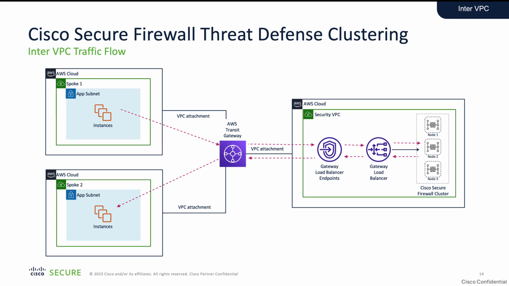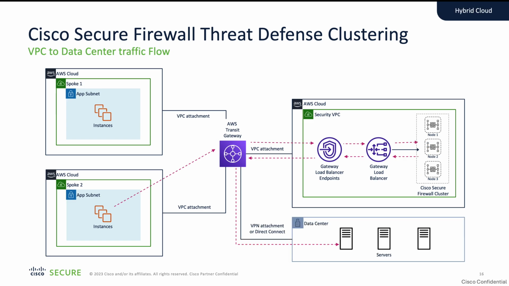After inspection, traffic returns through the same path: gateway load balancer endpoint, transit gateway, before reaching the instance in spoke VPC 2. And again, in case of failure, the gateway load balancer will forward the traffic to another active node in the cluster, right?